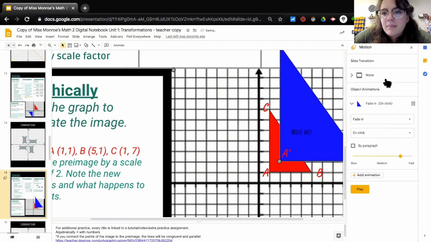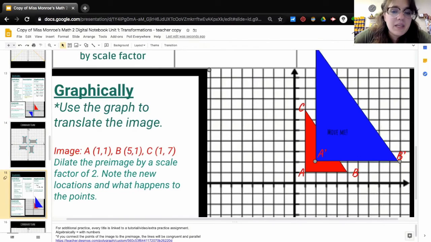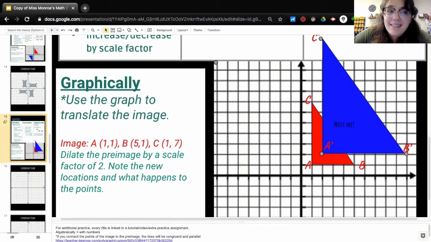All right, so there we have our dilation. I took my x value and multiplied it by my scale factor.